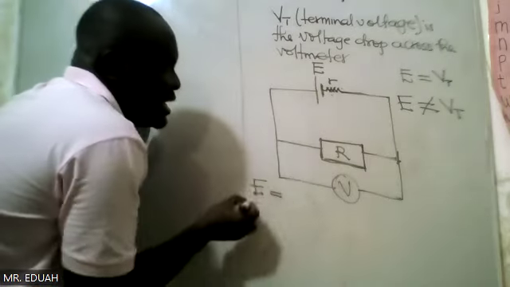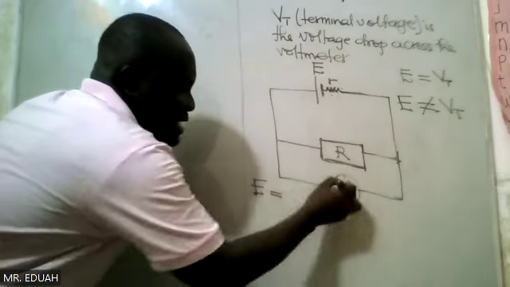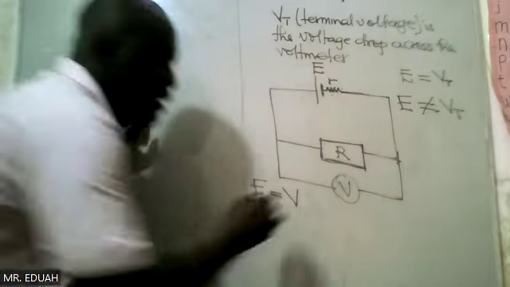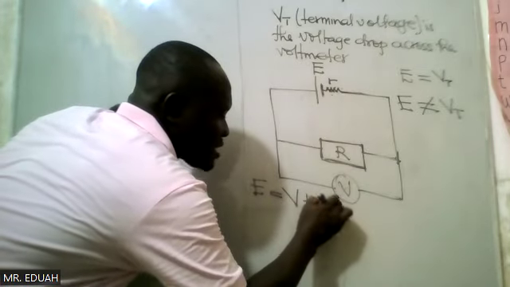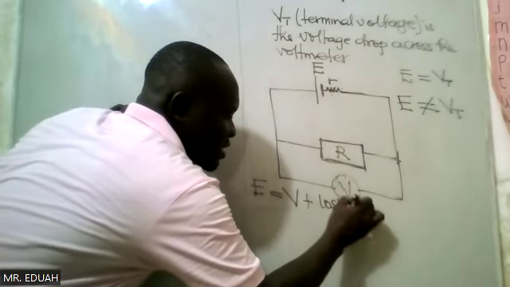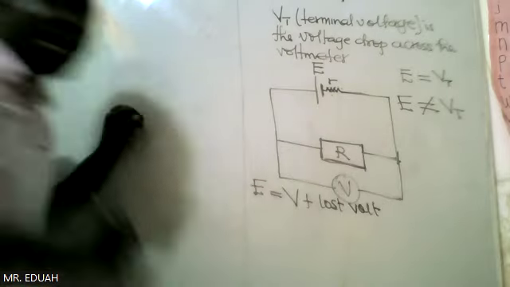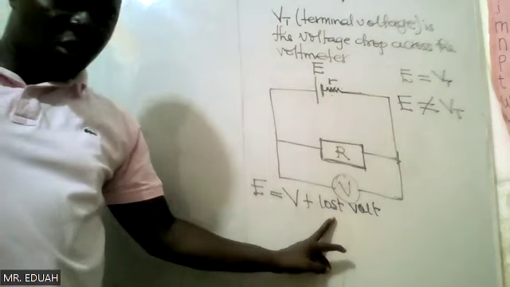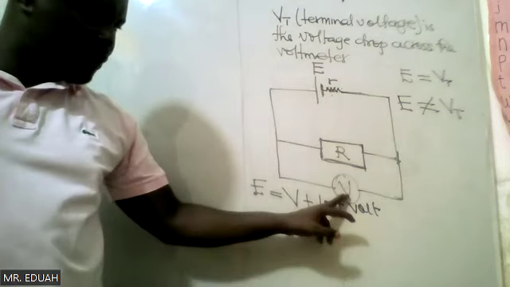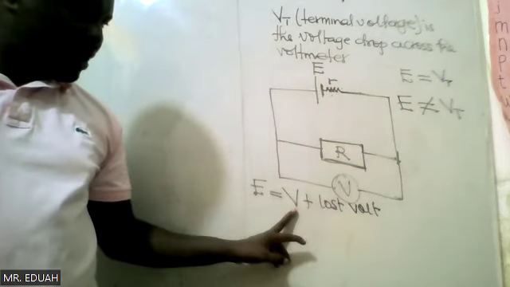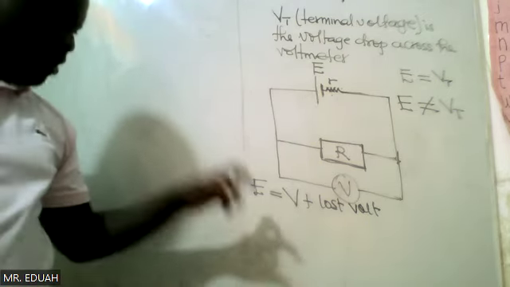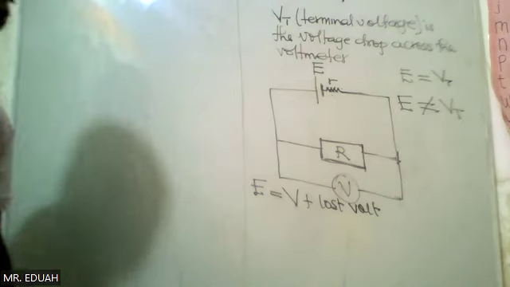So the EMF E equals the voltage drop across the resistor plus what we call lost volts. Part of it is lost. When we are able to find what is lost and we add it to the voltage drop across the voltmeter, it must be equal to the EMF E of the battery.